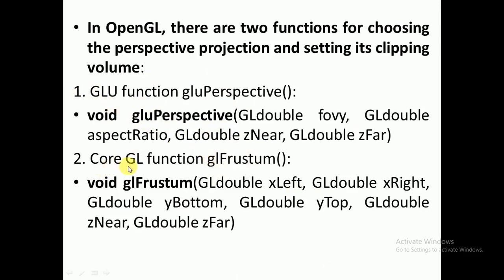Again, there is one more from the core library, the core GL function, glFrustum. It is one more function for the same perspective; both are the same, but this belongs to this library and that belongs to that library. Then how to use glFrustum: GLdouble xLeft, xRight, yBottom, yTop, zNear, zFar. The same thing we did in 2-dimensional with gluOrtho2D, and in glOrtho, where we also used zNear and zFar.